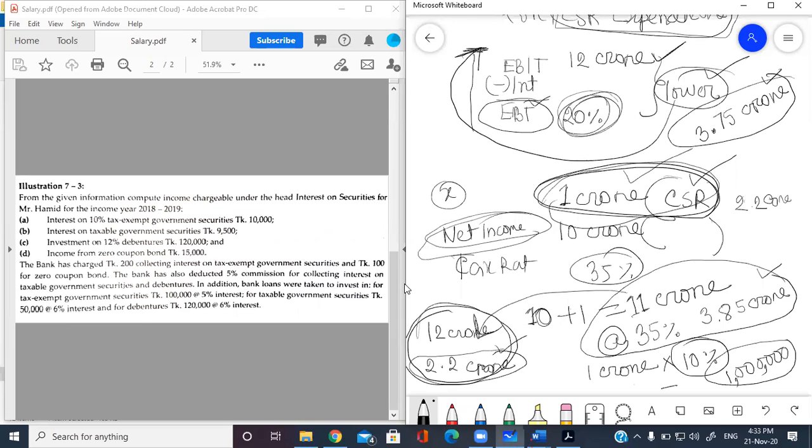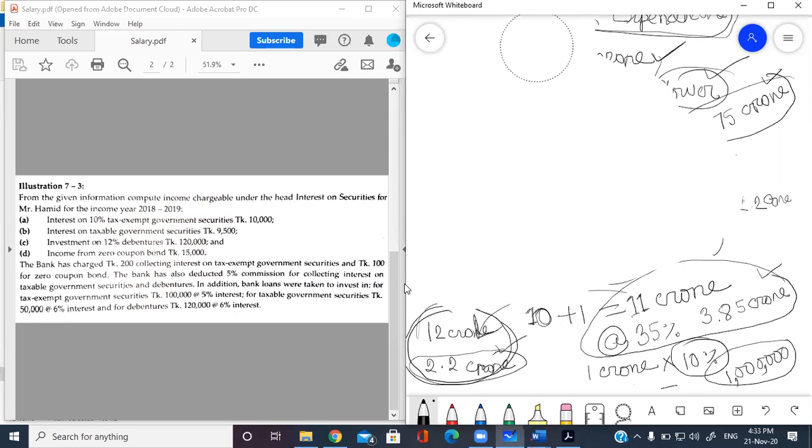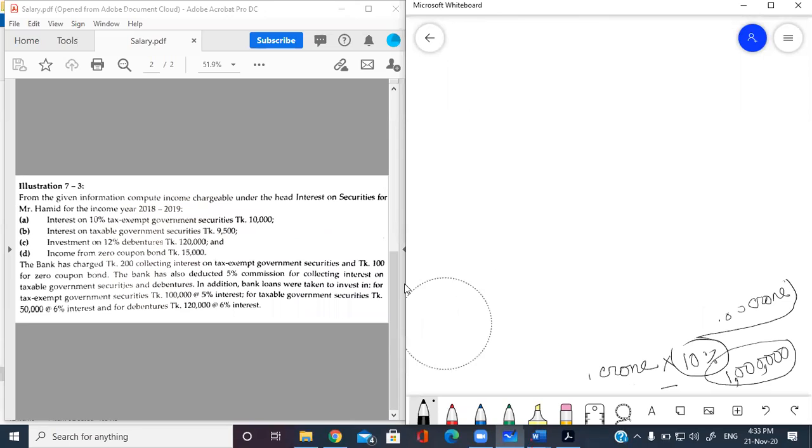Have you got it? Have you got the purpose why Grameenphone is providing internet at a very concessional rate to us? Yes, sir.